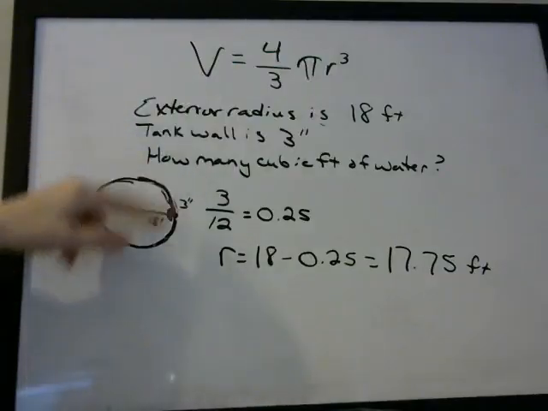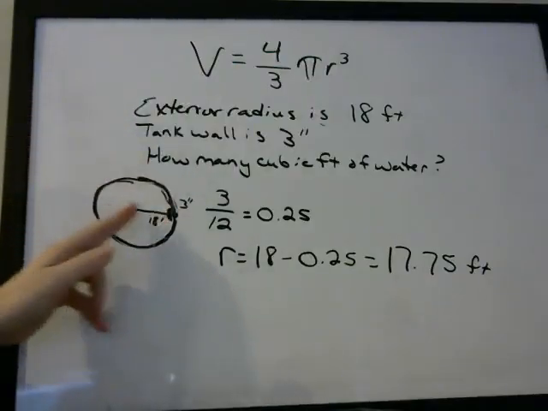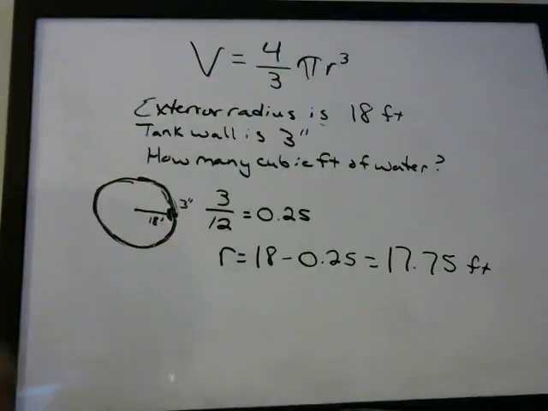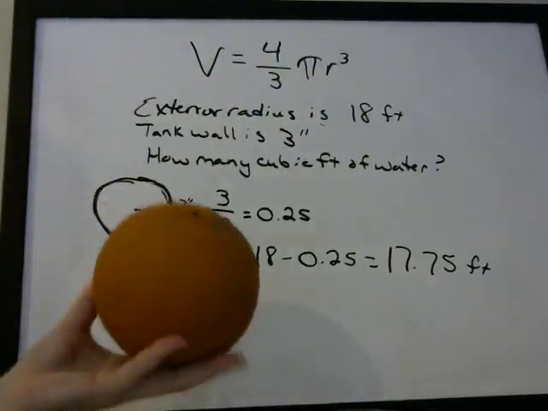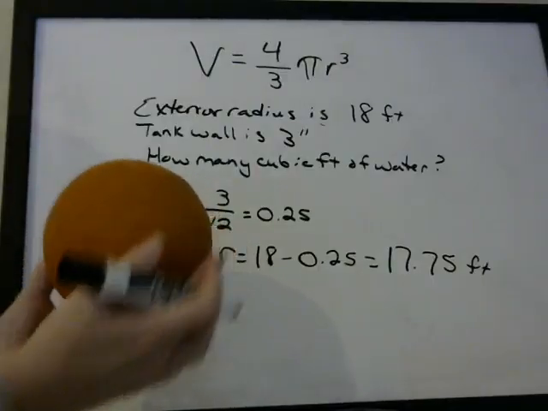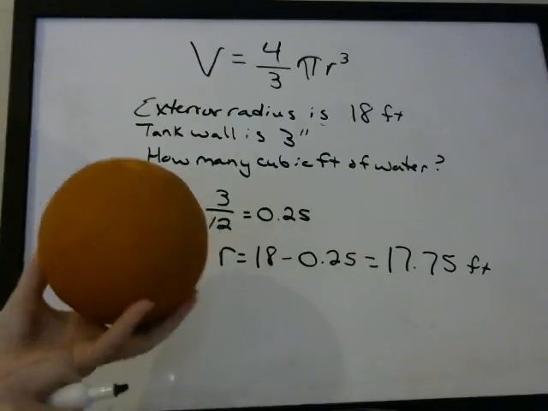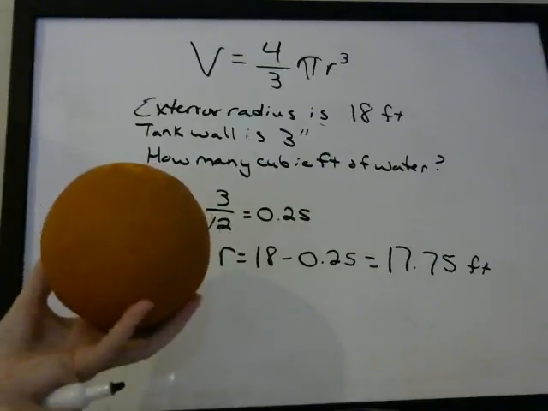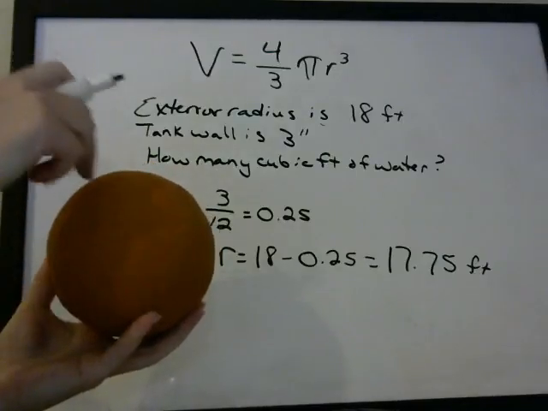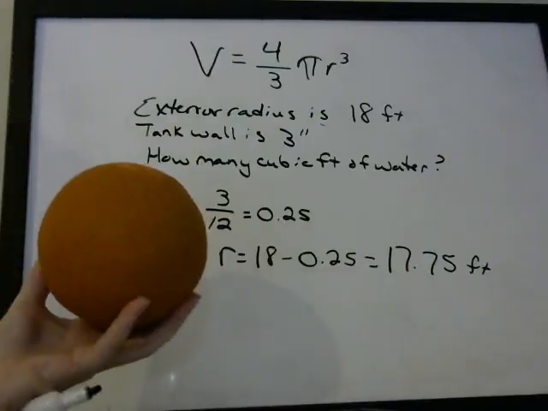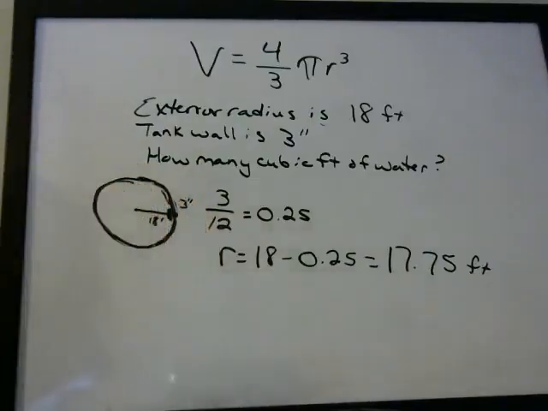So they've given us the sphere. They're telling us the radius to the outside of the wall is 18 feet. So it's like we have this ball. The radius to the edge out here is 18 feet. But imagine this rubber is 3 inches thick. So when we fill something inside, we have to subtract off that 3 inches in order to only get how much we can fill inside.